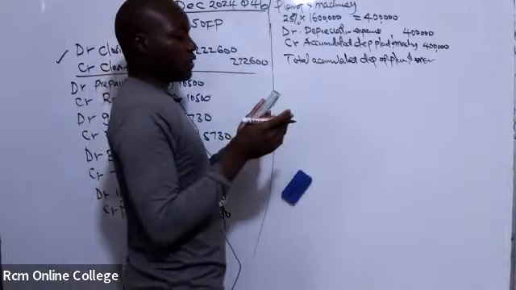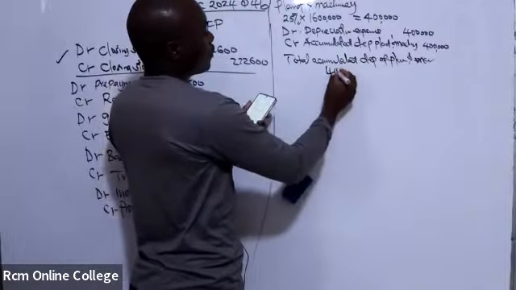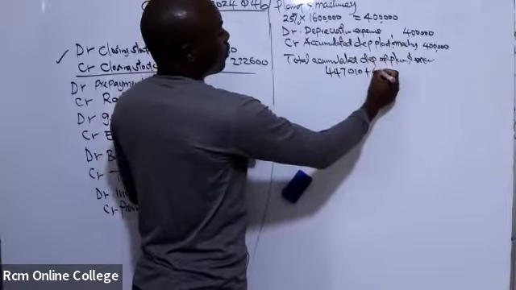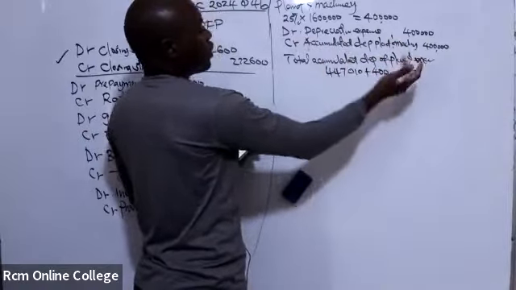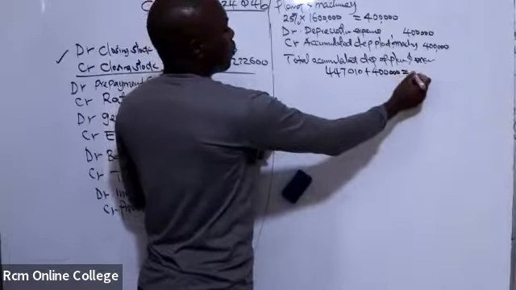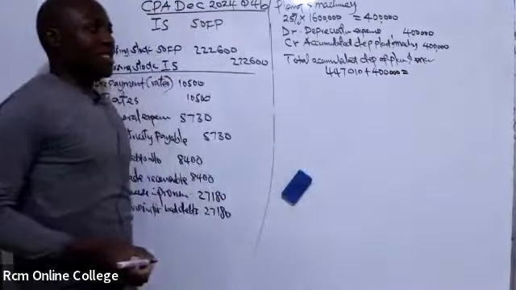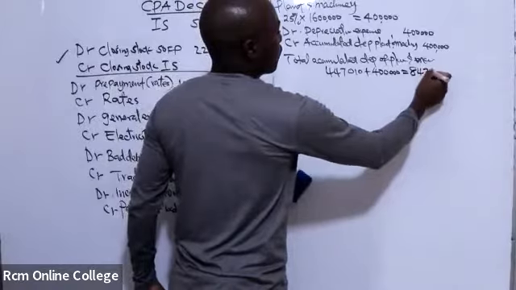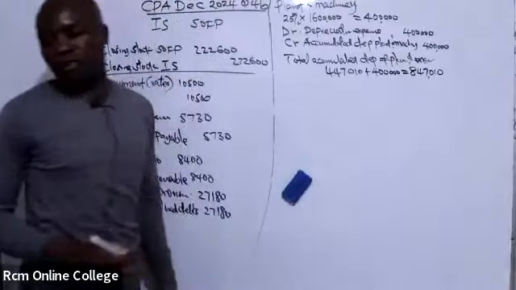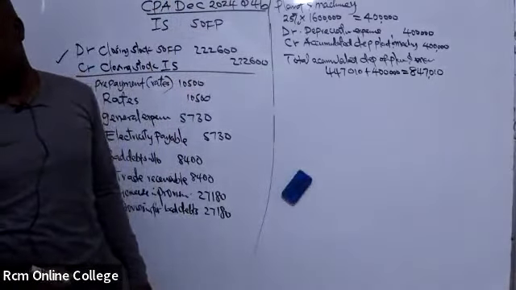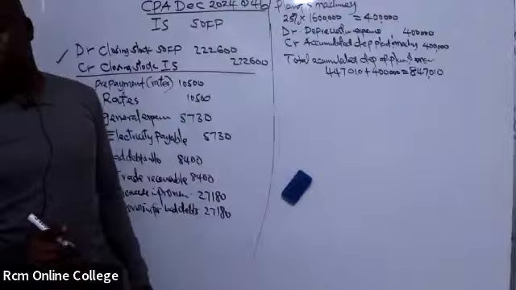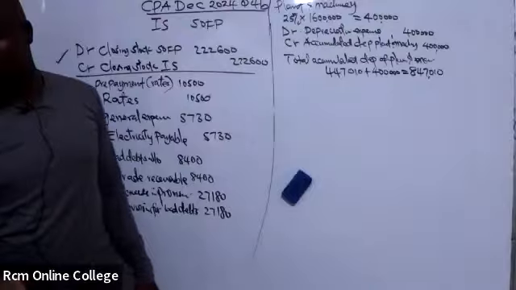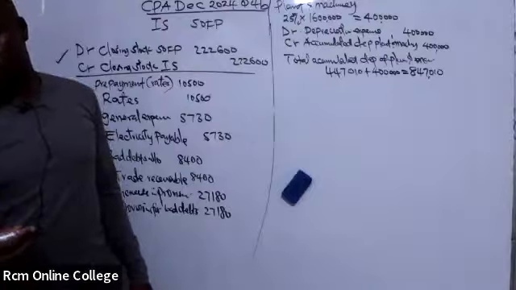You can see 447,010, plus the increase. Remember, when we credit it, we are increasing that amount. Good. So what are we having in total? Is it 847,010? Confirm. That is the total accumulated depreciation of plant and machinery, right?